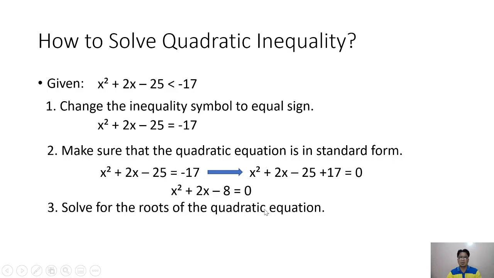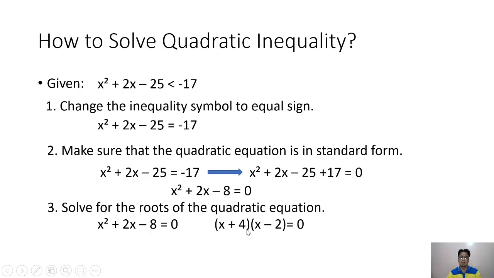Solve for the roots of the quadratic equation. So, itong equation na to, kaya hindi ko pa pinapalitan ng ito, less than, kasi kukunin muna natin yung mga roots. Ang roots nito, ito, x plus 4, x minus 2.